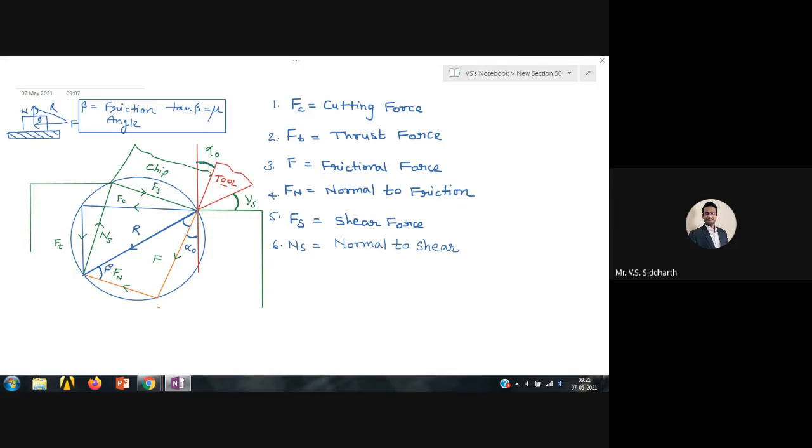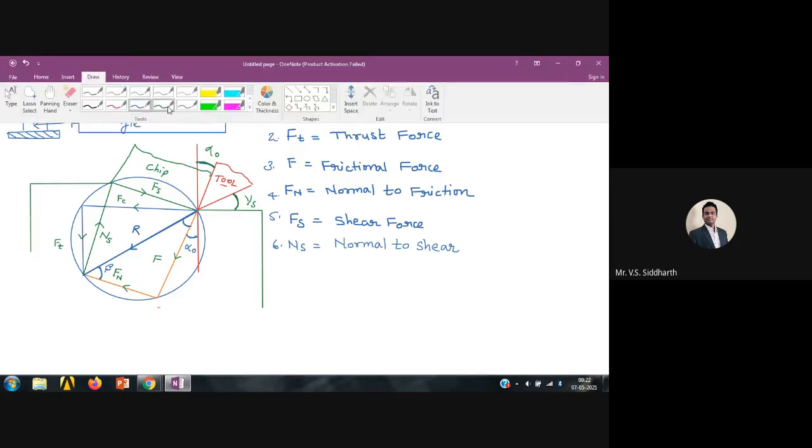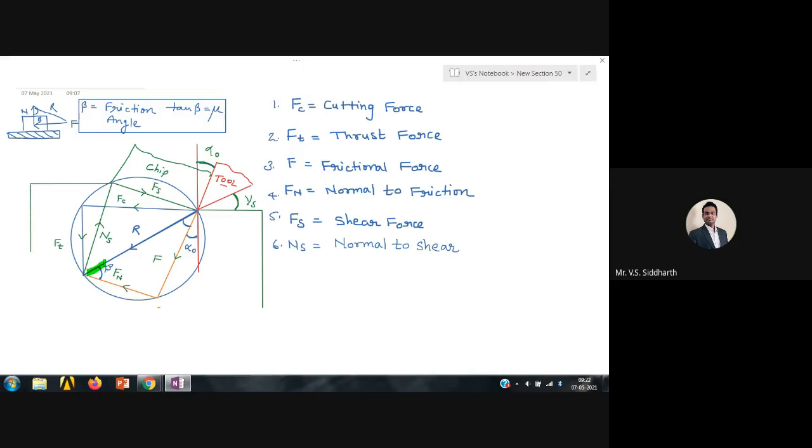This is a right angle triangle, na? One angle you know, another angle also you know, you're supposed to get the third angle. 90 minus beta. Good. This is 90 minus beta.